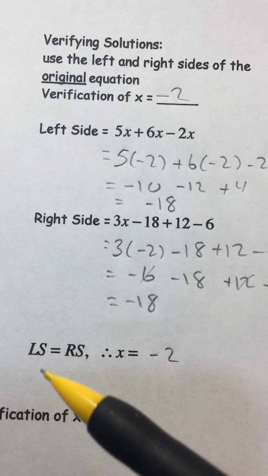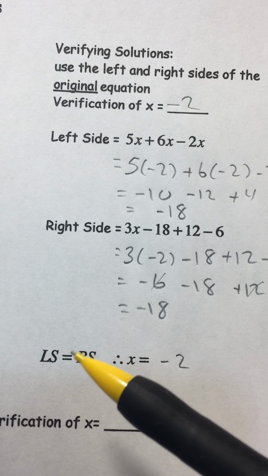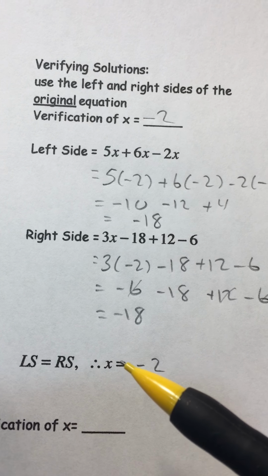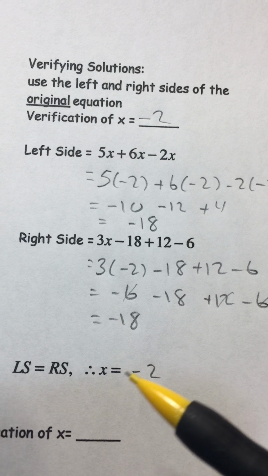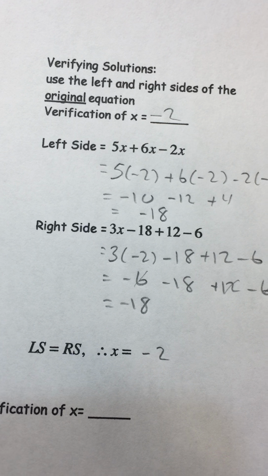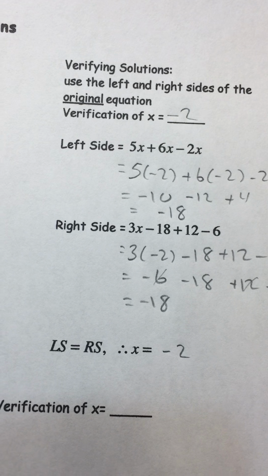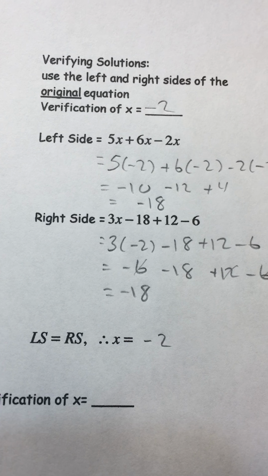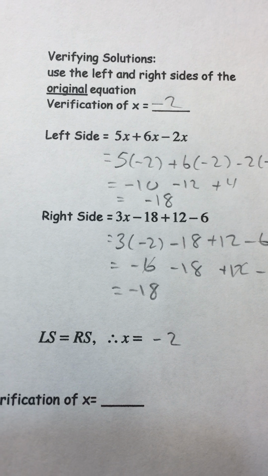But if you didn't, just conclude that the left side and the right side do not equal each other. You put a line through here to say they don't equal each other. Therefore, x does not equal -2. Don't pretend that they match when they don't, because that just creates another error. Sometimes the teacher wants to check that you understand what it means if your answers on the left side and the right side are not the same.